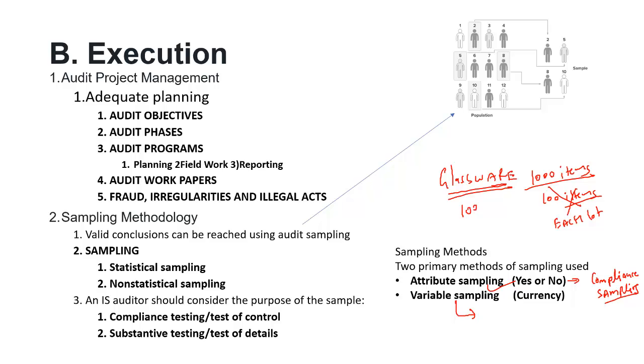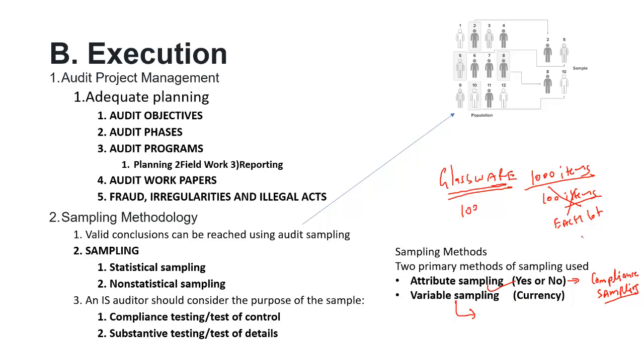Is it clear? What they claim, we verify in the form of numbers. So if you're checking whether the car starts on the first attempt, you are collecting attribute data. If you're measuring the mileage of the car per liter of gasoline, what they commit, that is variable data.